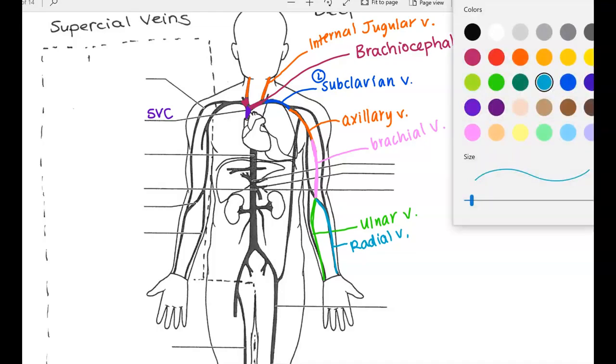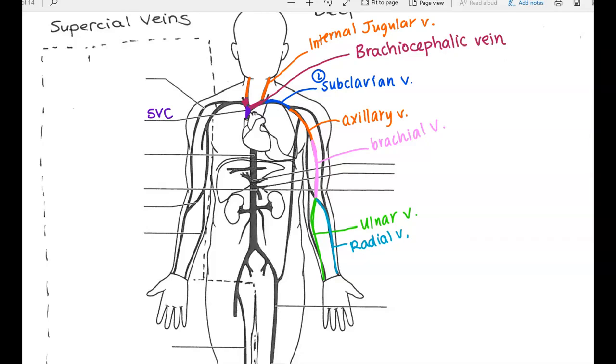So the first one I'm going to describe is going to be this one found on the lateral aspect of your upper limb. Okay, and it moves all the way in and drains into the axillary vein here. This is going to be your cephalic vein. Okay. And I think I tried to box out what your superficial veins are.